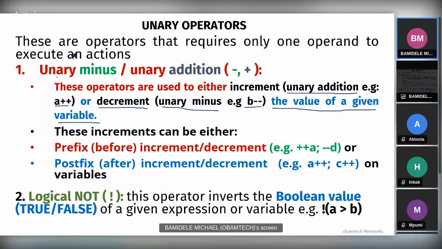So types of the unary operators: we have the unary minus and the unary addition. What does this mean? These are used to perform arithmetic on the operands. Part of the arithmetic that can happen is increment or decrement.